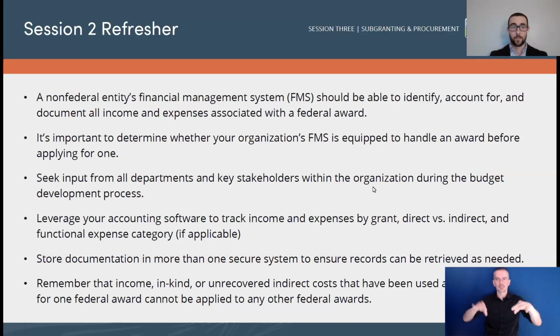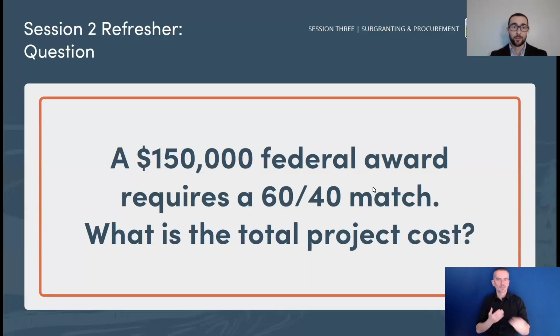Okay, so let's go on to the next slide and dive into procurement and subawards. But before we do that, we do have a little question to get your mind working.